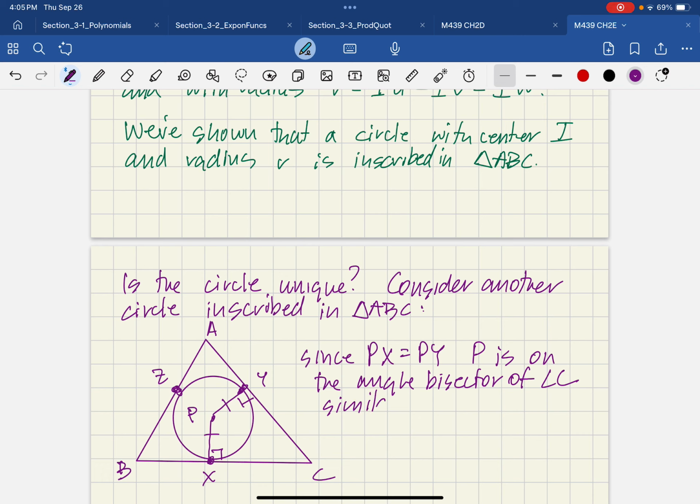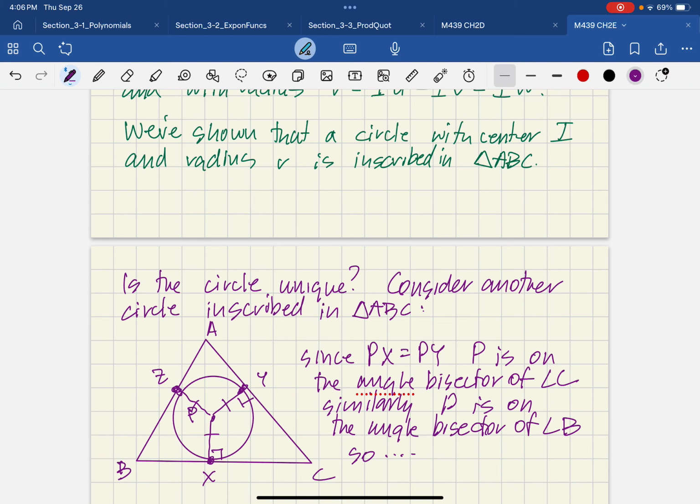Similarly, P is on the angle bisector of angle B, because this distance will be the same, right? So that's our lemma, that's 2.24 giving us that.